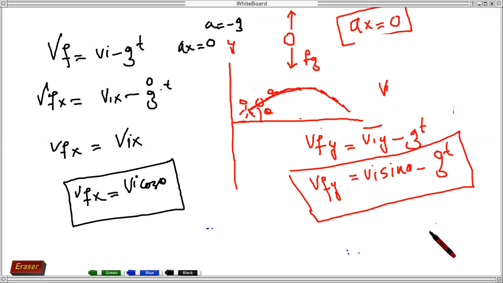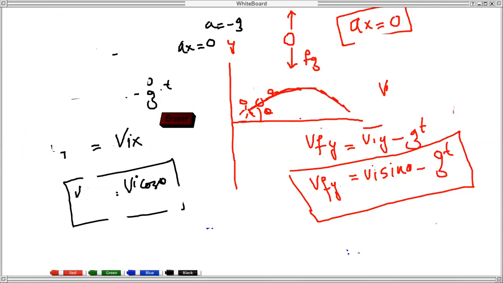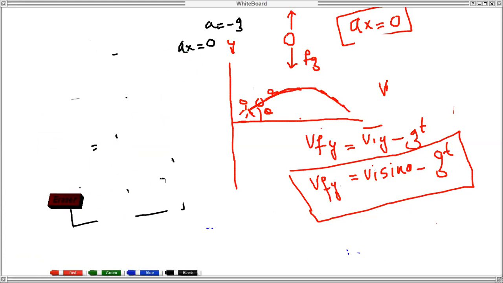So these are the first equations for horizontal motion and vertical motion. Now, how can we write the second equation for two-dimensional motion? What is the second equation of motion?